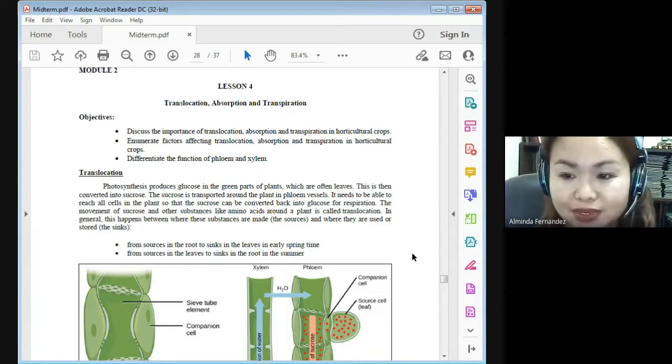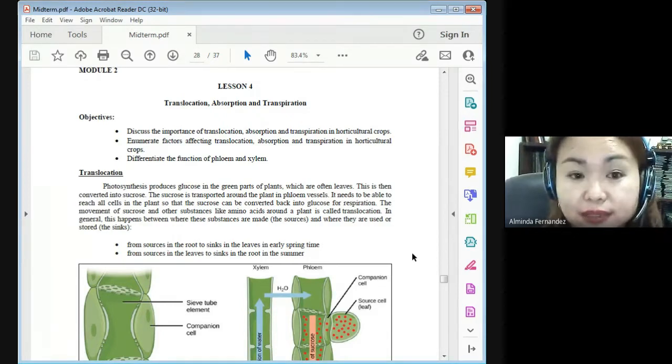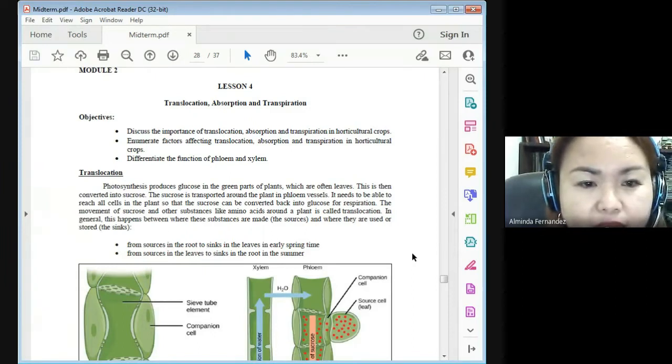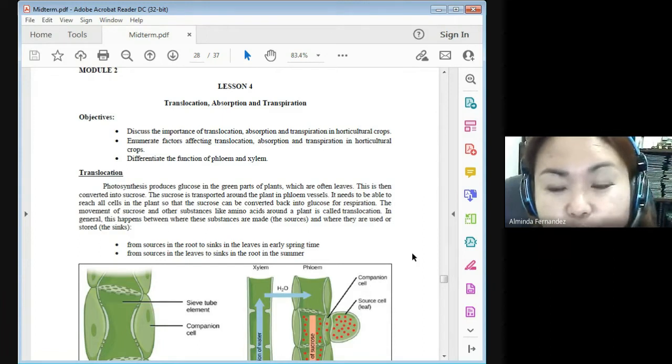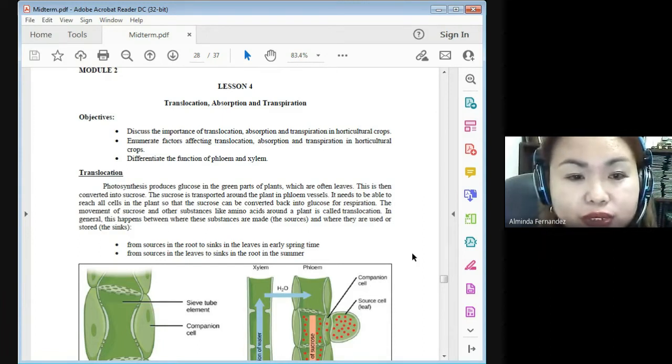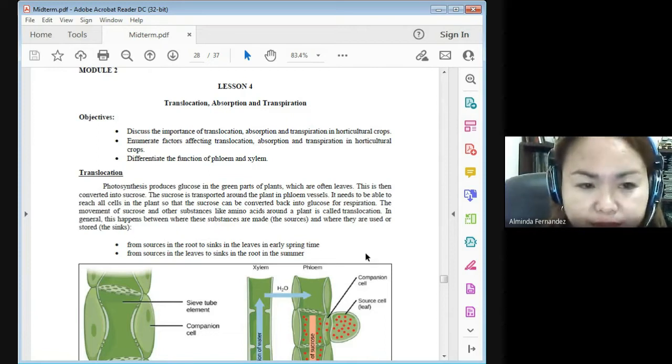And now the energy being produced during respiration will be translocated, and we will also study the absorption of the different nutrients by the roots, how it goes up the plant and is distributed to the different parts, and how transpiration occurs.